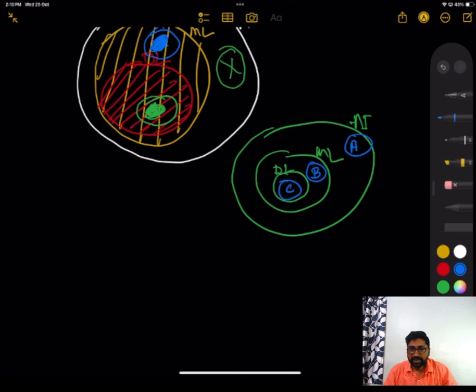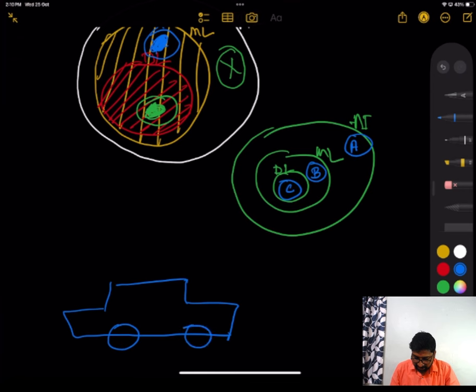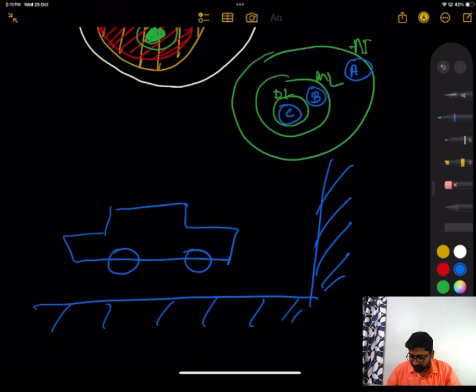We are having a car. So this is my car. There is a wall. The car is at a distance D from the wall.